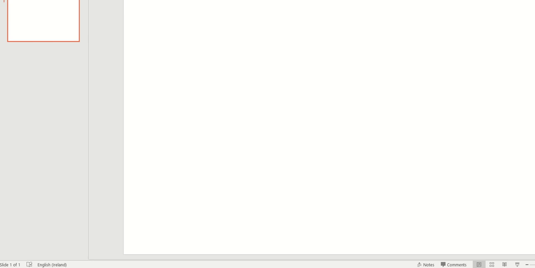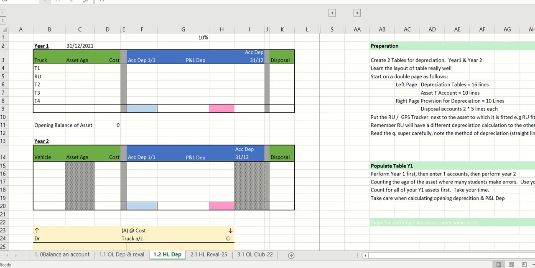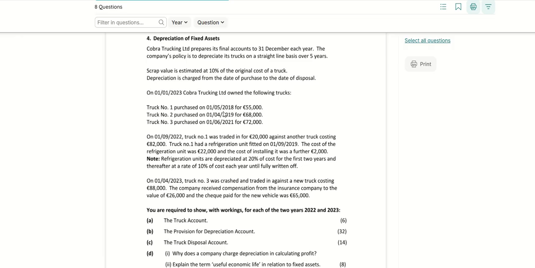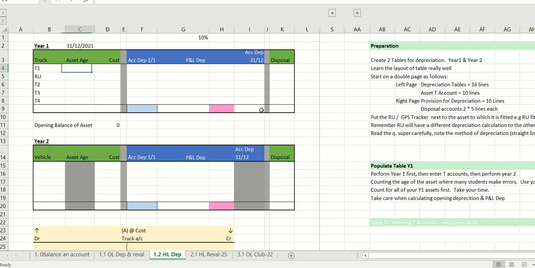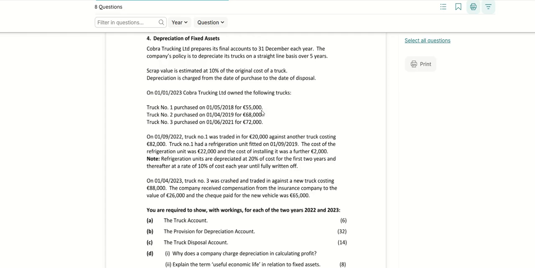So just reading our question there. Truck 1, 55 grand. The RU, so popping down to the RU. Truck 1 had a refrigeration unit fitted on the 1st of the 1st, 2019. The cost of the refrigeration unit was 22,000, and there was an installation cost of a further 2.